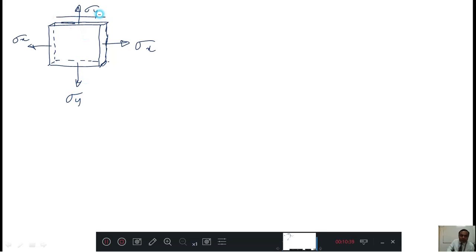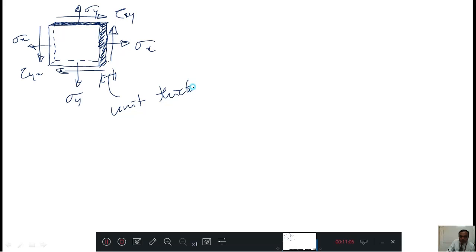And there will be shear stress here, here, here and here. This is tau xy or tau yx. Both are the same. Every time there is no need to show this thickness. This thickness I will call a unit thickness.